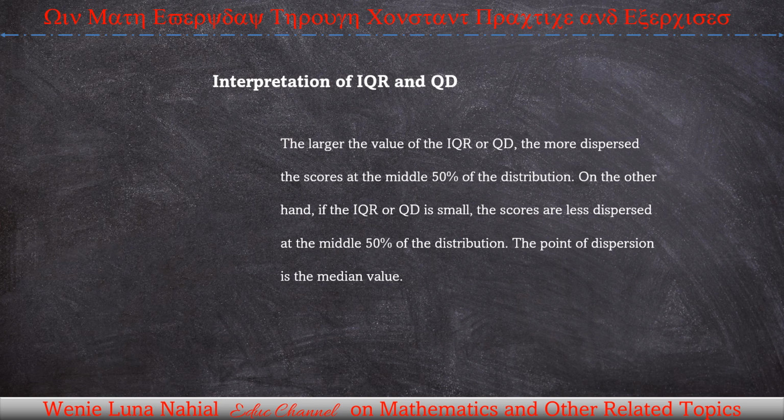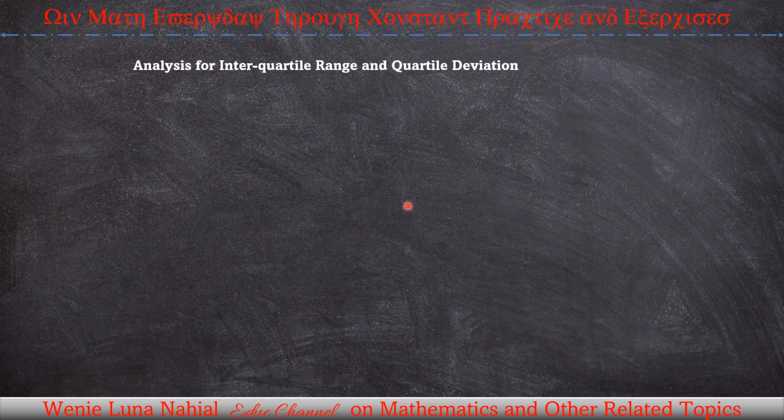On the other hand, if the IQR or the quartile deviation is small, the scores are less dispersed at the middle 50% of the distribution. The point of dispersion is the median value. Okay. Analysis for interquartile range and quartile deviation.